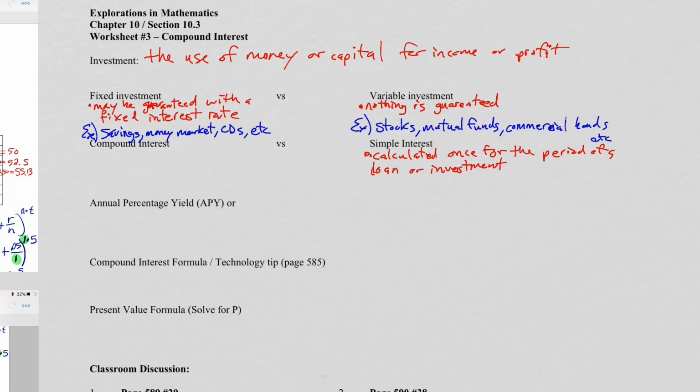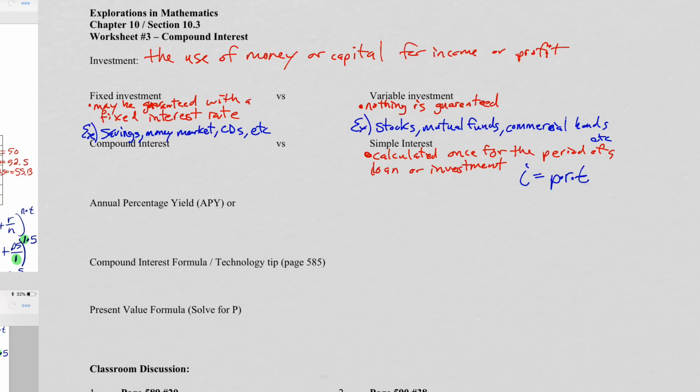The formula that we saw was I equals PRT. Interest charged is equal to the principal times the rate of interest times the time. So this is done over the entire amount for the entire time, just once for the period. So it's per year, so you could have 5 years or whatnot.